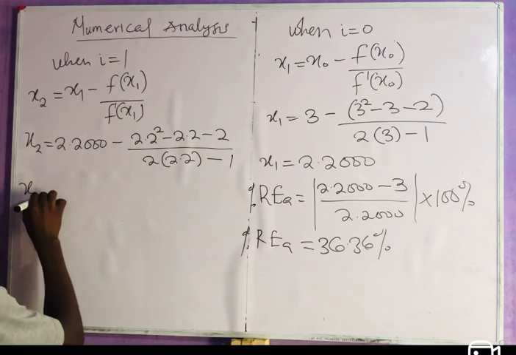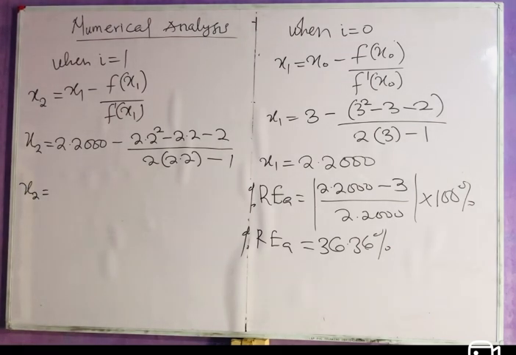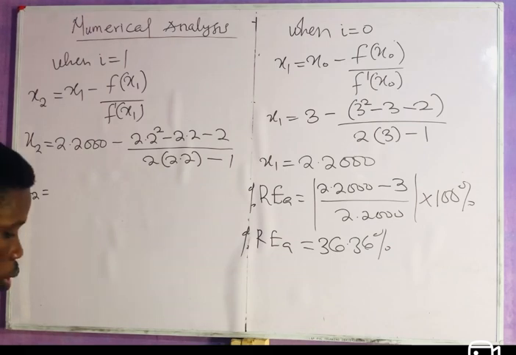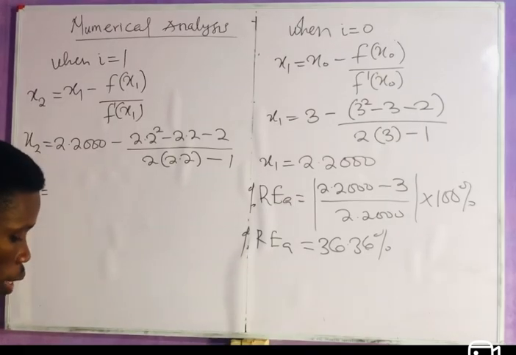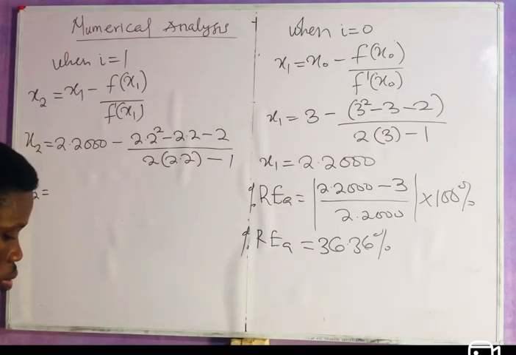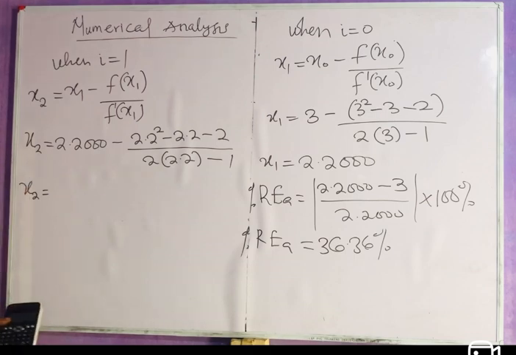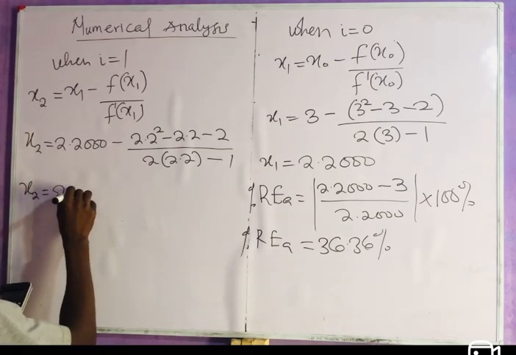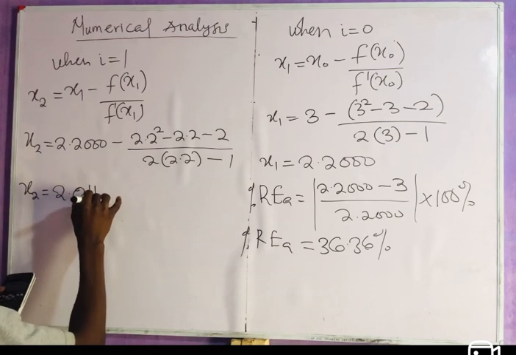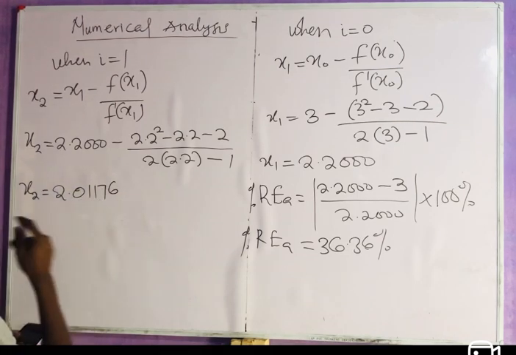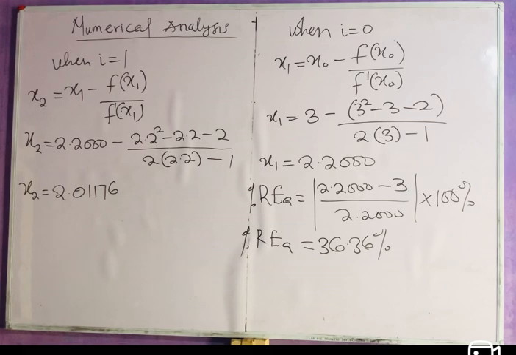So our x2, let's do this together. We have 2.2 minus 2.2 squared minus 2.2 minus 2, all divided by 2 bracket open 2.2 minus 1. And this will give us 2.01176.